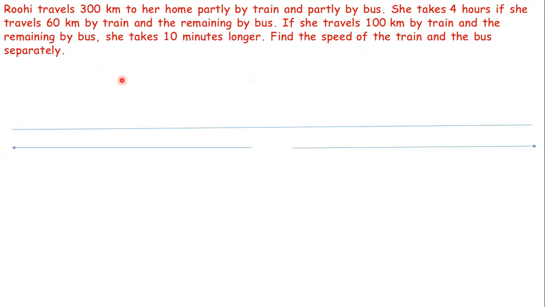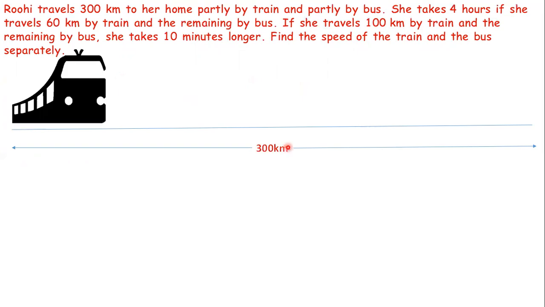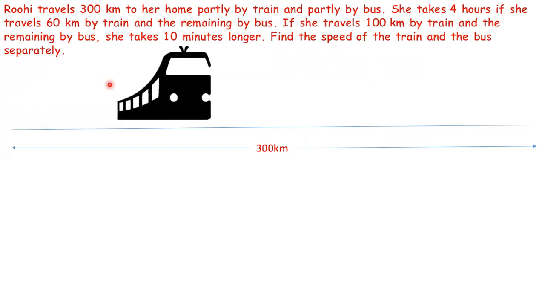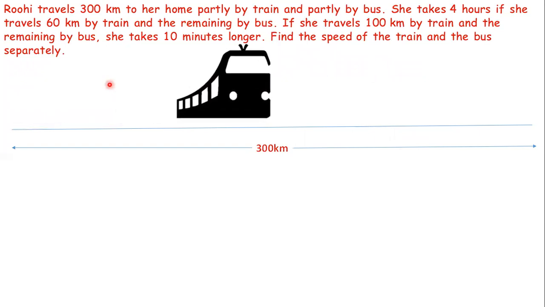Now, Ruhi has to travel 300 km partly by train and partly by bus. She travels 60 km by train.